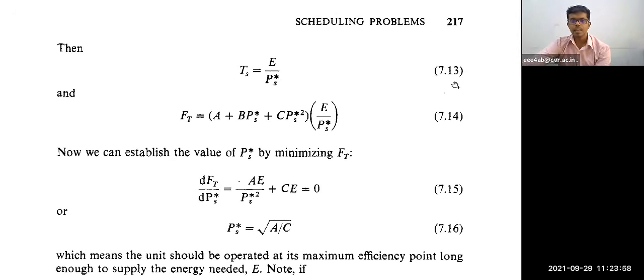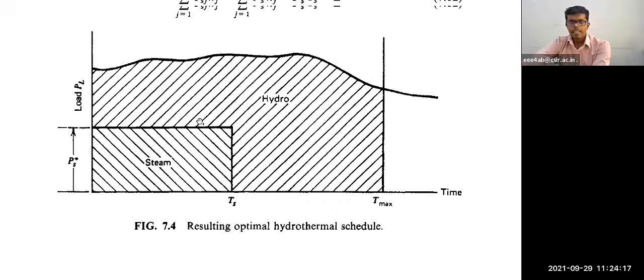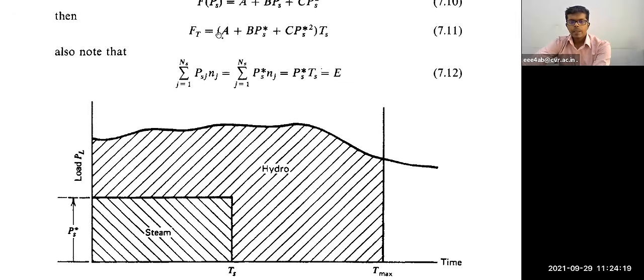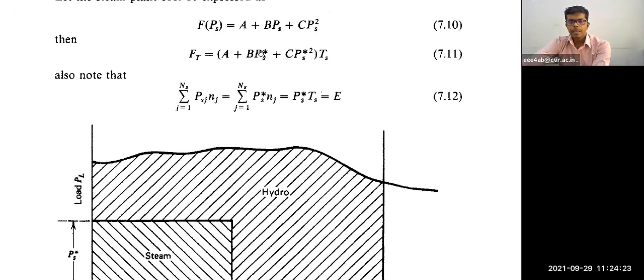Take this as equation number 13. So the total fuel cost is A plus B PS star plus C into PS star squared, into E divided by PS star. Substituting from equation 11, the total fuel cost FT is equal to A plus B PS star plus C into PS star squared, into TS. TS we already calculated, so we substitute it.